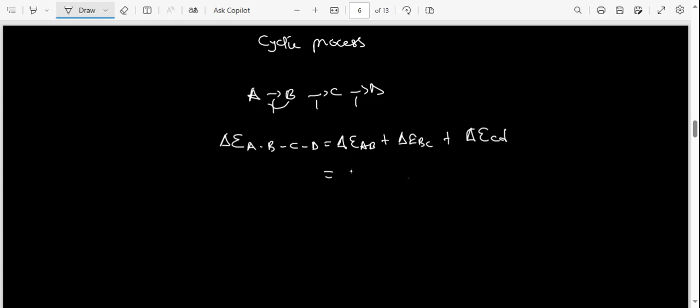So this is now the internal energy of B minus the internal energy of A, plus the internal energy of C minus the internal energy of B, then plus, between C and D, the internal energy of D minus the internal energy of C. Hope that is clear.